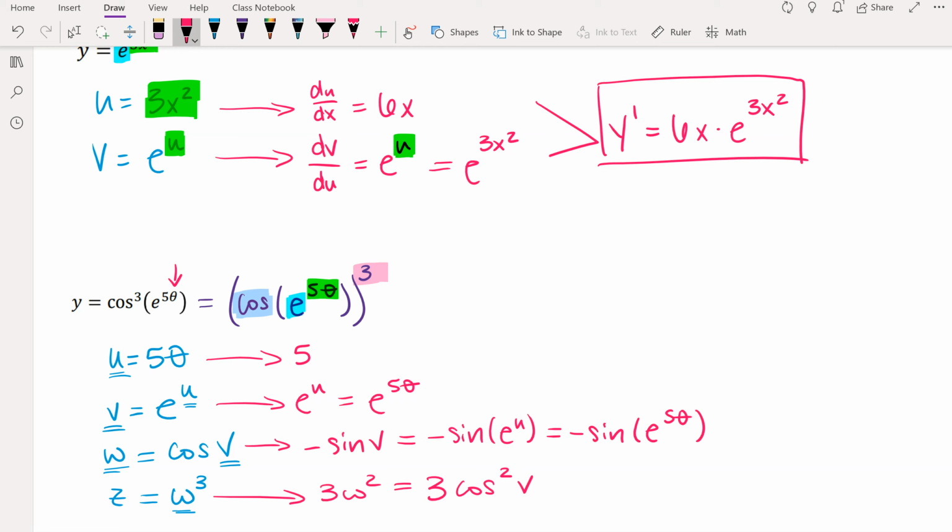But remember, v was e to the u. So that's the same as 3 cosine squared of e to the u. But remember, u was 5 theta. So that's the same as 3 cosine squared of e to the 5 theta. Oh my goodness, these 4-part ones get kind of long.